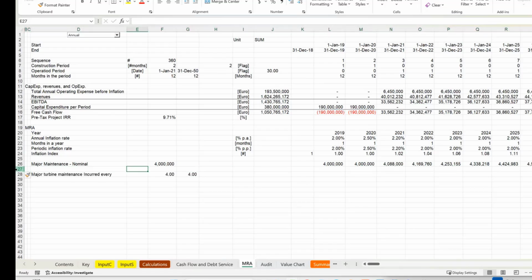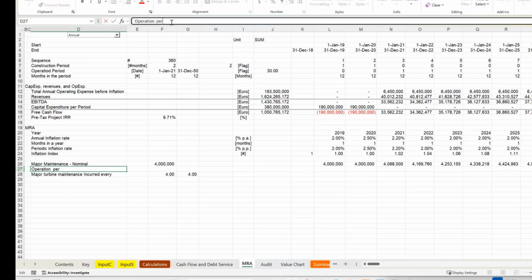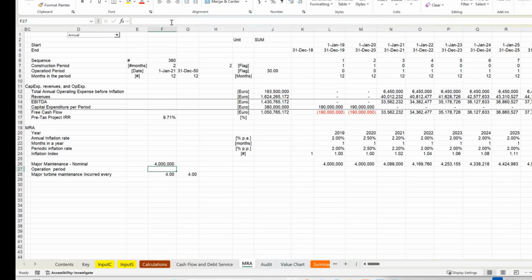So we have to count if we're 4 years or not. We'll just put an operation period, not year right now, just an operation period, and put an equal sign, go backwards and add that operation flag. Go back 1, and plus. If you do something better, you tell me. Press enter.